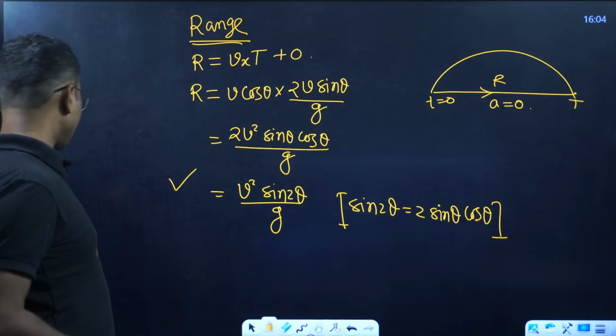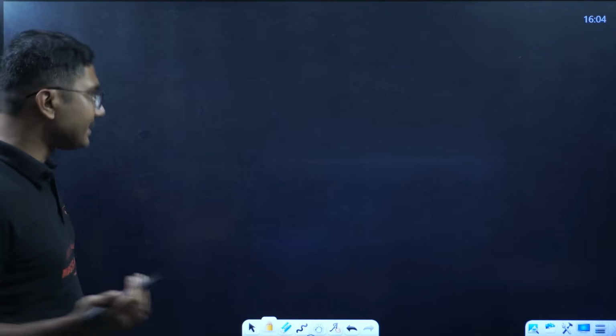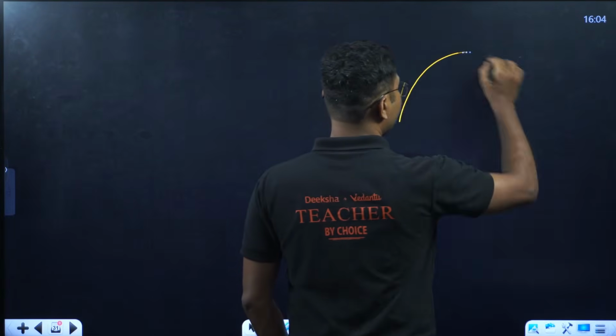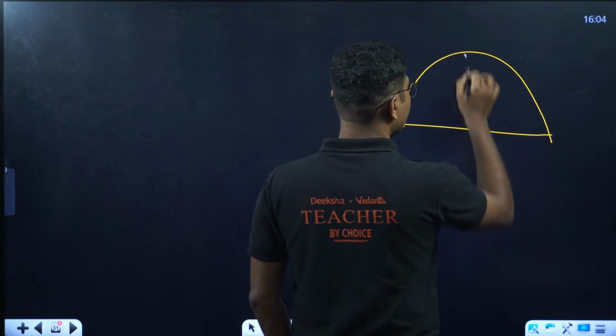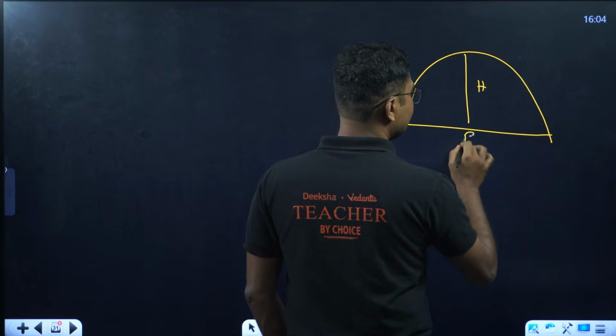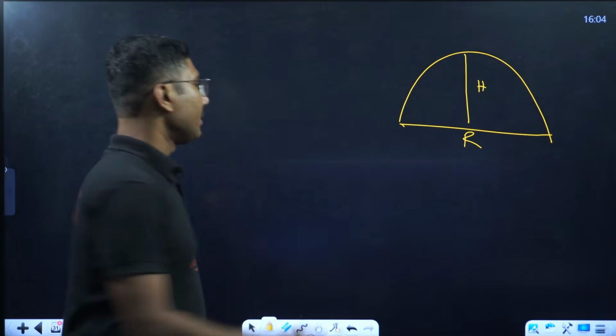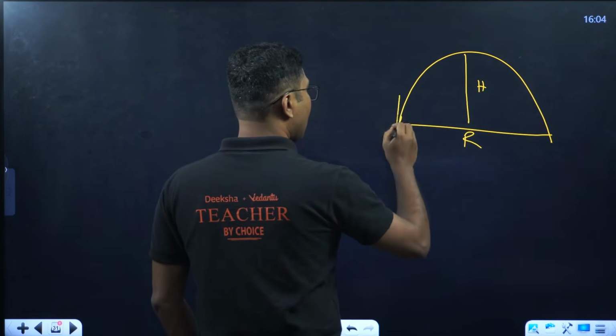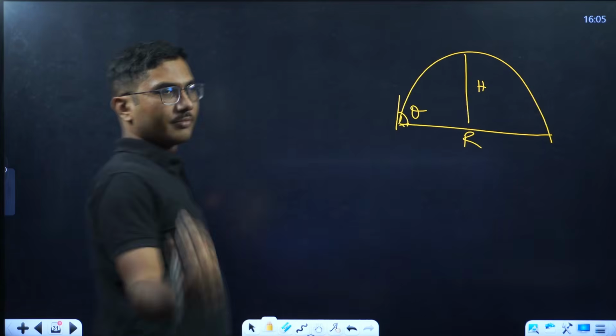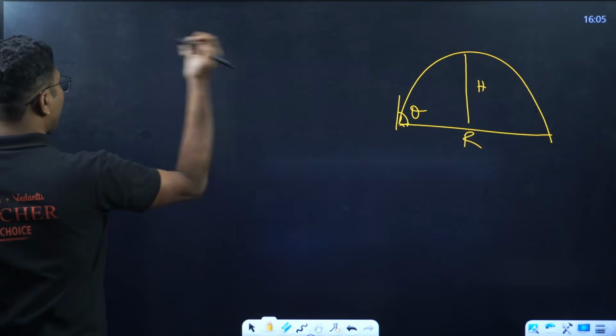The student gets confused many a time. So let's see. You have thrown an object whose height and range have the same value. Then we are asking what is the angle of projection? That's the question.